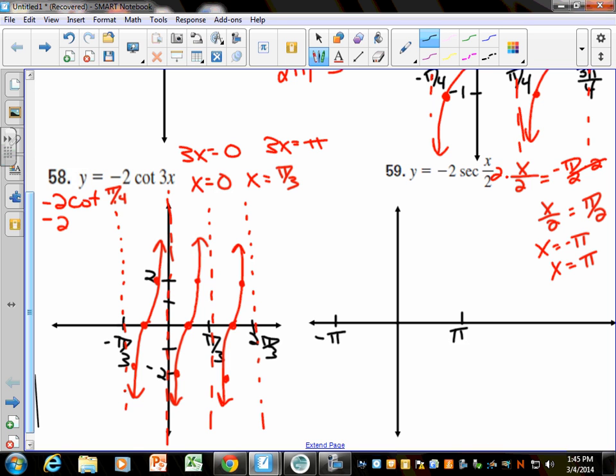So if this is pi, I would skip the one in the middle, and my next asymptote would be here, which would be where? 3 pi. And I'm totally out of room here, but I would skip the one in the middle, and then where would my next asymptote be? 5 pi. So let's see if I can fit this on here or not. I don't know. Let's see what I have here. So I have 1 at pi, negative pi, and 3 pi. For some reason I wrote gigantic on this.